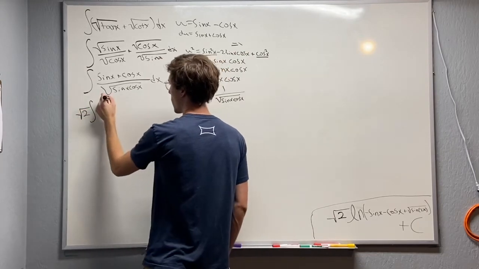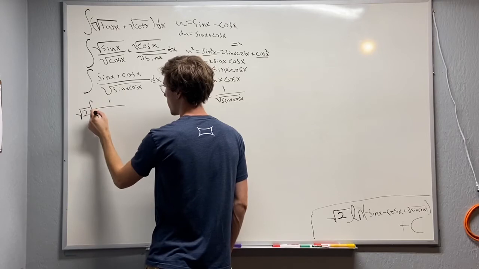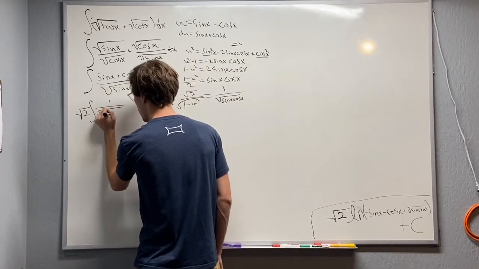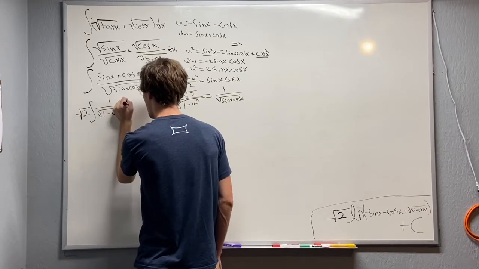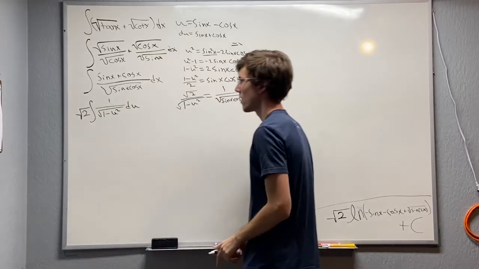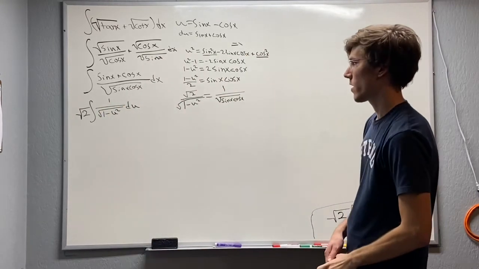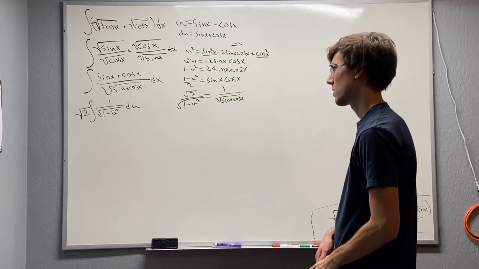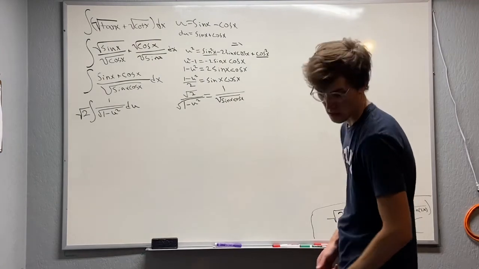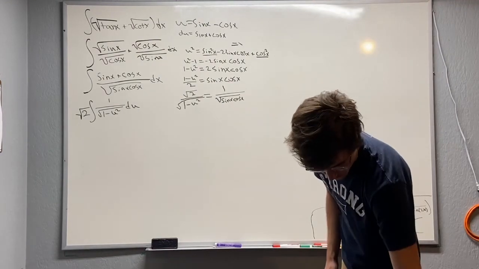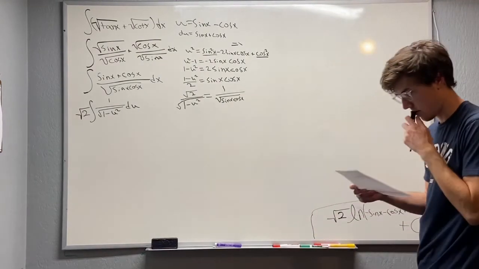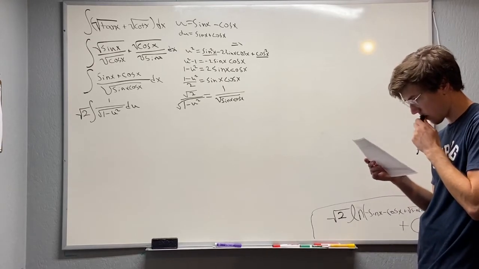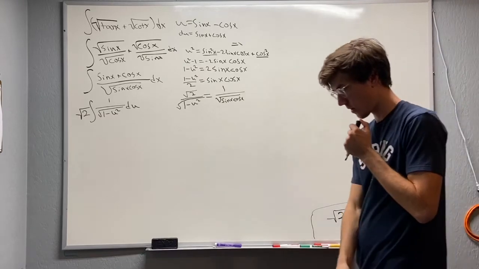And then we're going to get 1 over the square root of 1 minus u squared du. So this one's going to be trig sub as well. It's not going to be secant though, is it? I think this one is going to be, yeah, okay.